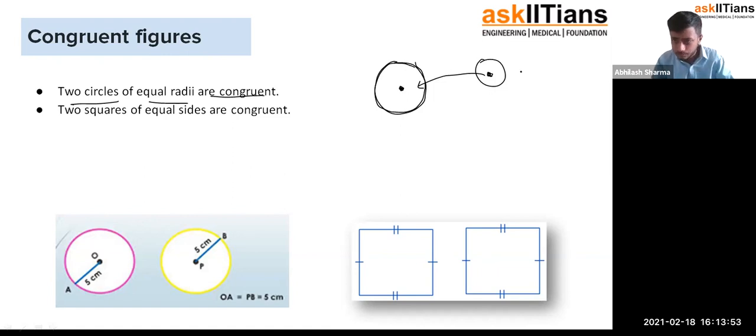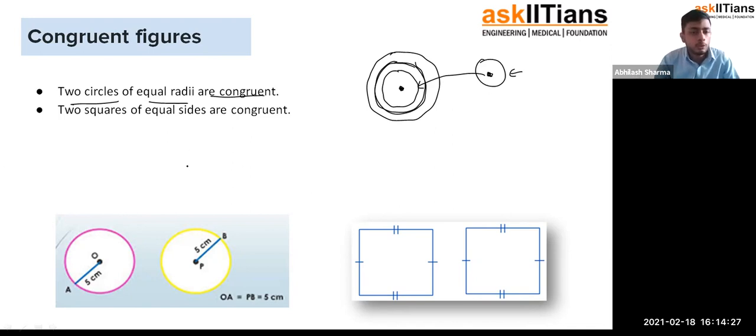But if this circle has a smaller radius, it will appear as a concentric circle with smaller radius. If it has a larger radius, it will still appear as a concentric circle but with larger radius, which clearly implies that they are not congruent since they have not superimposed each other exactly. That's the whole point. That's how we have come to the conclusion that two circles will be congruent if and only if their radii are equal.